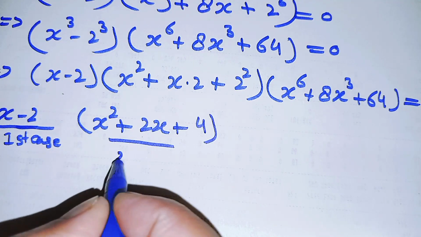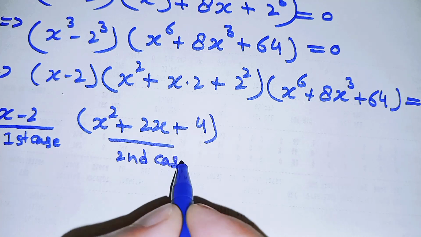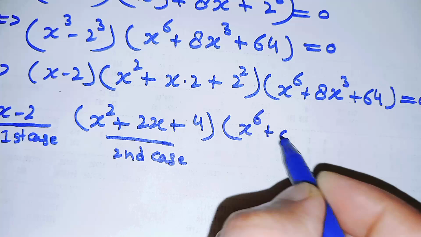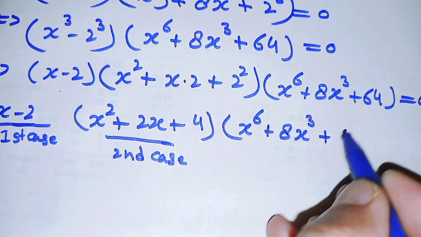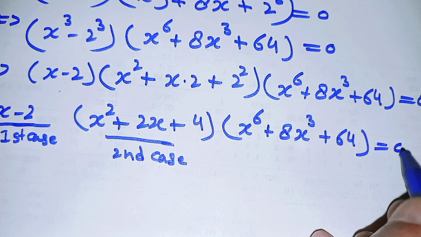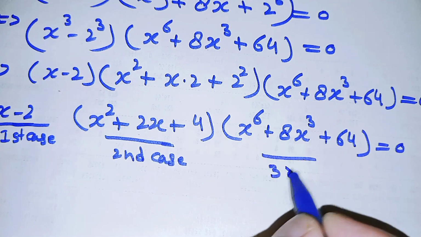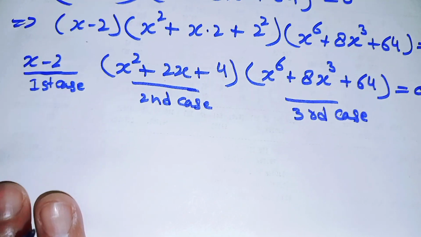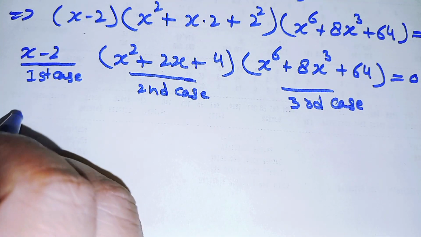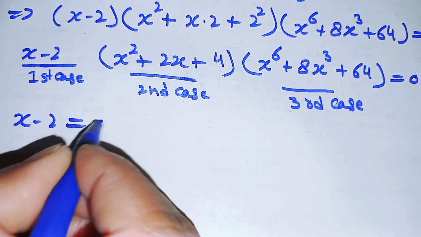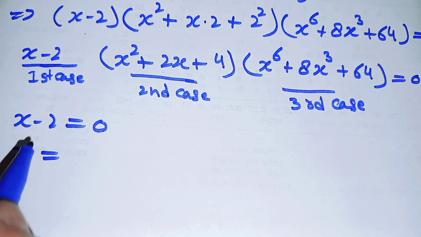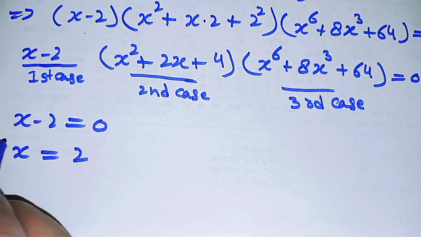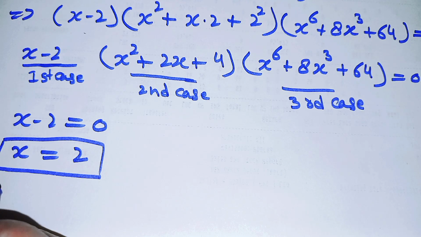And the third case is x to the power of 6 plus 8x cube plus 64 is equal to 0. So first of all we solve the first case: x minus 2 is equal to 0, and x is equal to 2, moving the minus 2 to the other side. Here it is the first value of x.